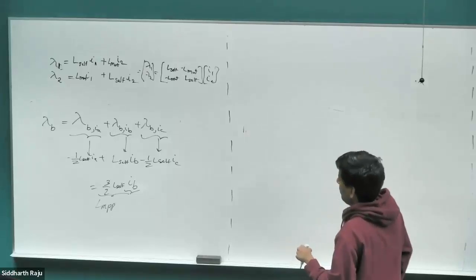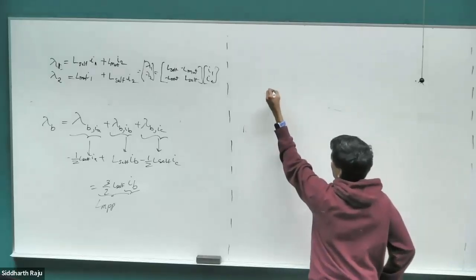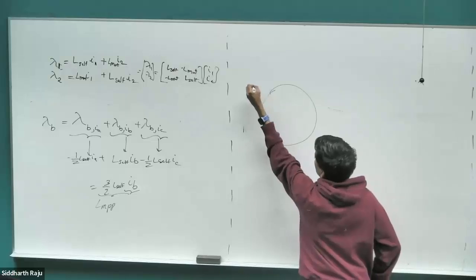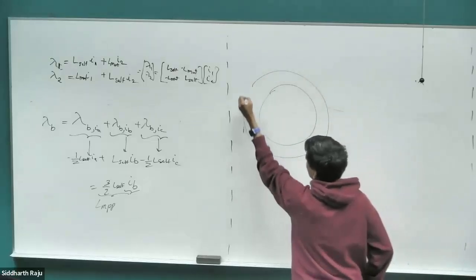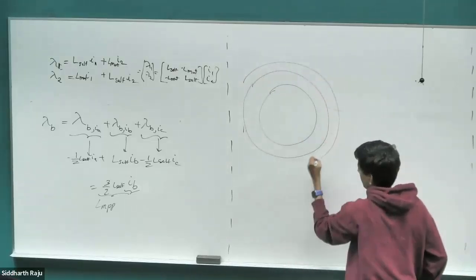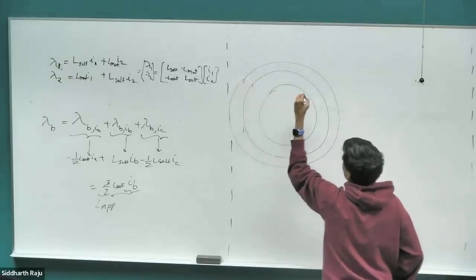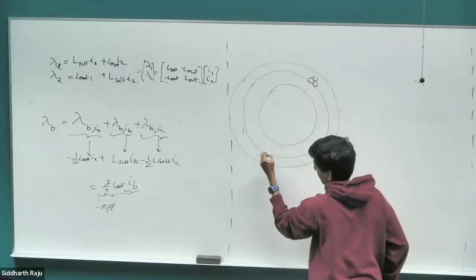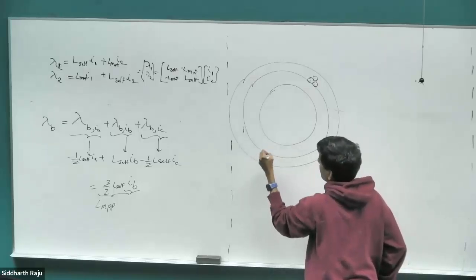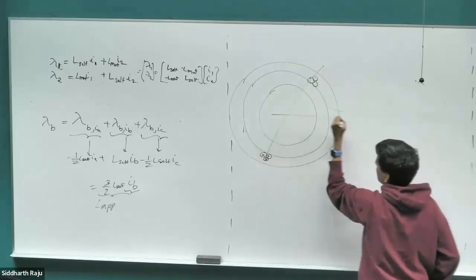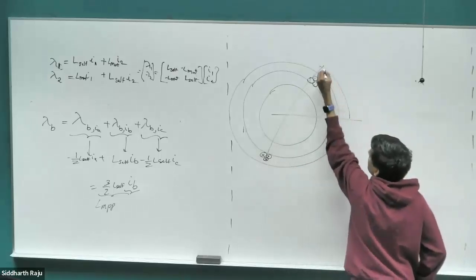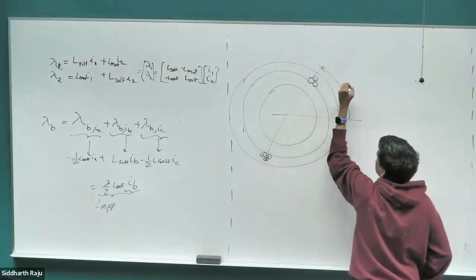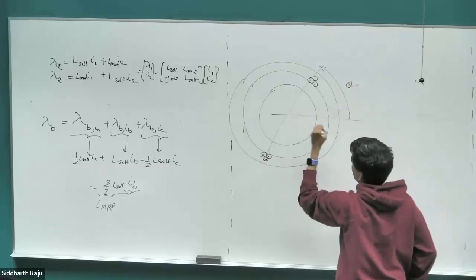So let's see, we have again a motor, and we have some conductors at some angle alpha. Coils theta.